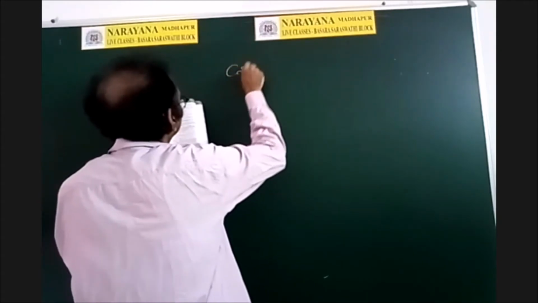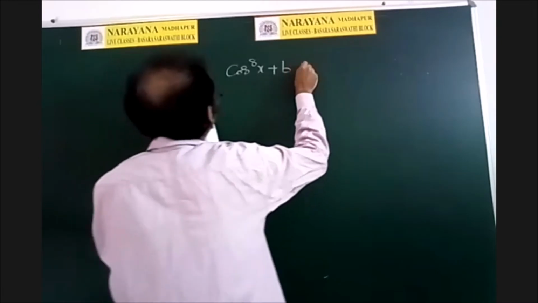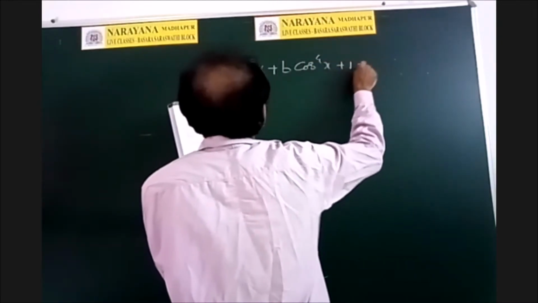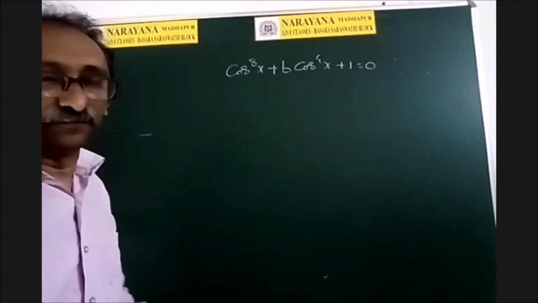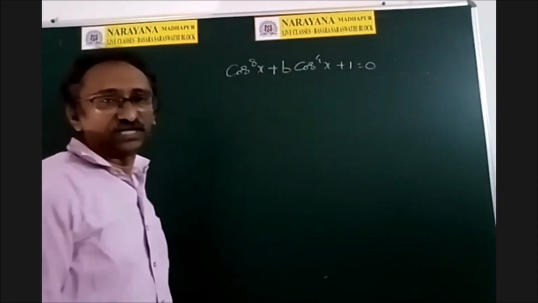Now, see the 31st question. cos power 8x plus b into cos power 4x plus 1 is equal to 0. We'll have a solution if b belongs to what? So, if this has a solution, then what is the range of b?